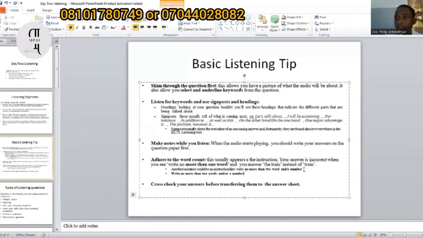You can either have two words, or two words and a number, or simply a number. That is the three interpretations you can give to this.